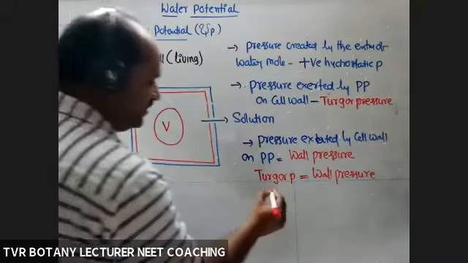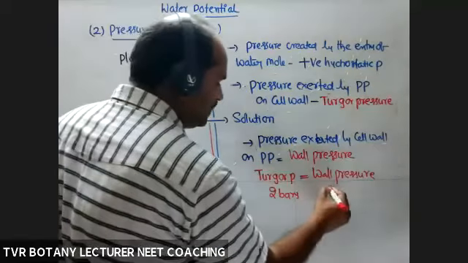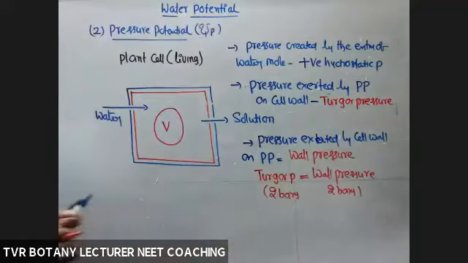For example, this one is 2 bars, and this one also 2 bars, equal, right? So that is about so-called turgor pressure.